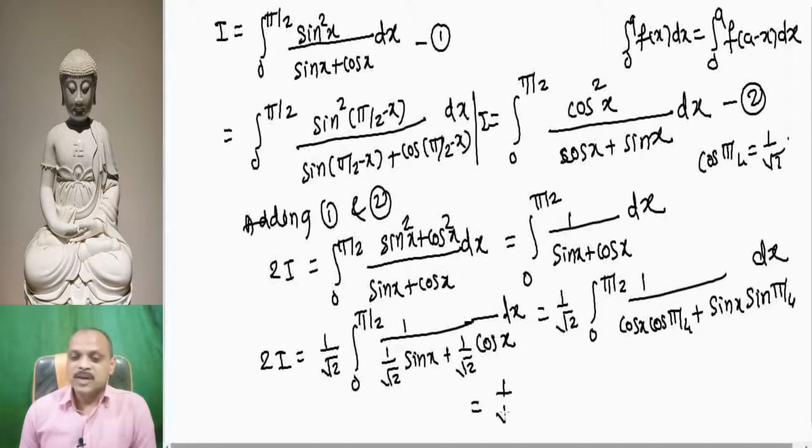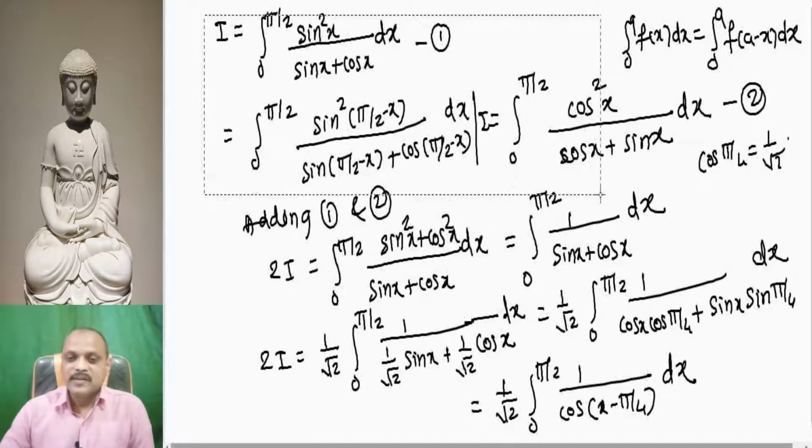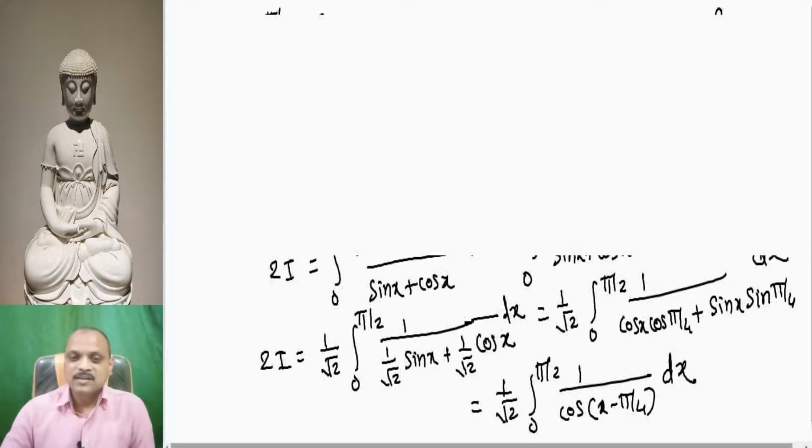Then by trigonometrical formula, this is integration 0 to pi by 2 1 divided by cos of x minus pi by 4, and 1 divided by cos means sec, 1 divided by cos. Let us apply that simple trigonometric formula, that is a sec.